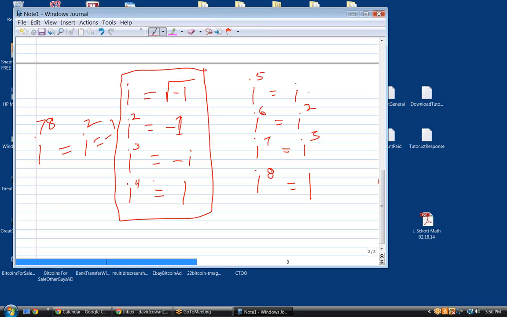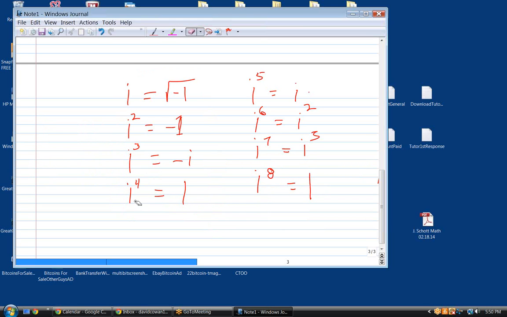You need to memorize what's in the box. But anything other than what's in the box can always be figured out by dividing your exponent by 4 and working with the remainder. If the remainder is 0, then your answer is 1.